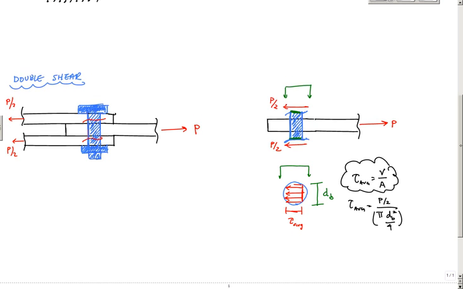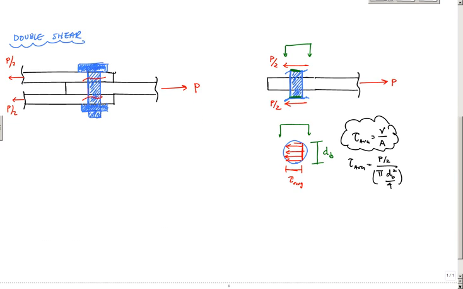For single shear, as you might imagine, you have two plates. Let me draw that real fast. Here's one plate, and let's put another plate here, like that.